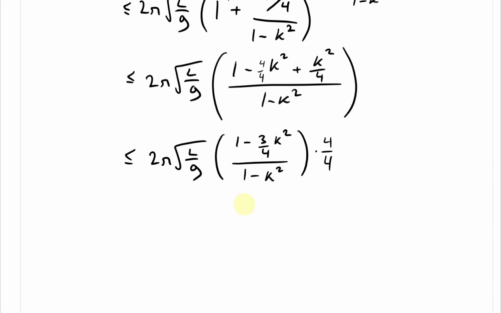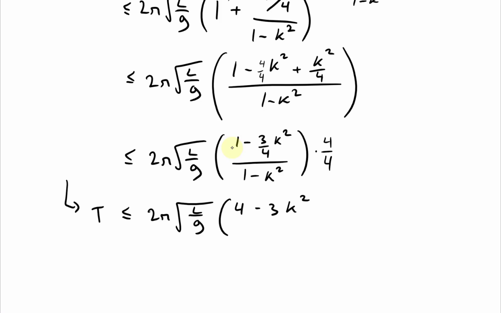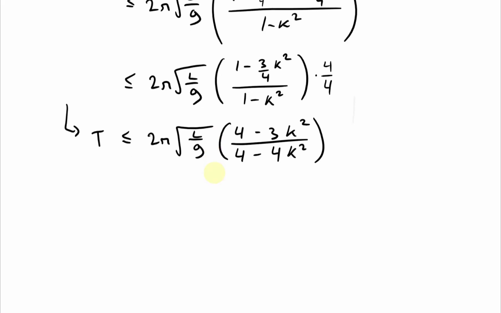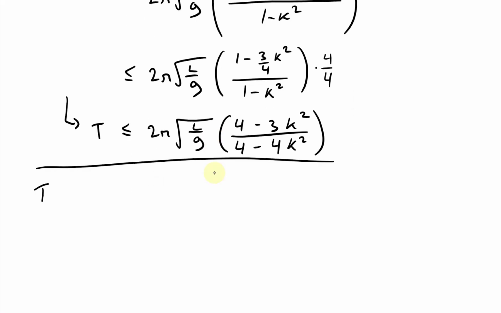Finally, we're left with T is less than or equal to 2 pi square root L over G, times 4 minus 3 k squared divided by 4 minus 4 k squared, which is exactly what we were asked to show. Thus, to sum it all up.